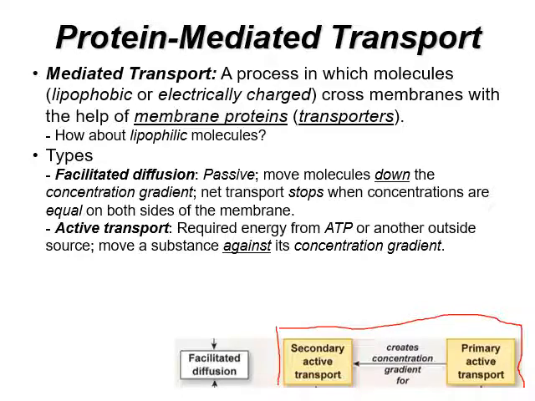Active transport is where we differ. It requires energy from the cell. A cell must use ATP or another source of energy to make the molecule move through the membrane. The reason for this is that in active transport, the solutes are not moving down the concentration gradient, from high to low.